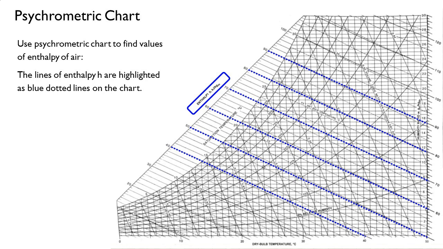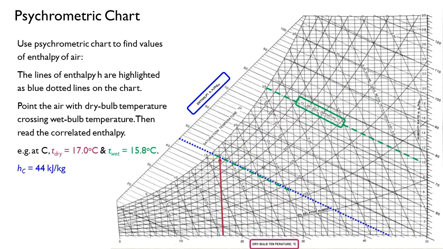To find the values of enthalpy of air, the psychrometric chart should be used. On the left-hand side, you can find the values of enthalpy, which are on inclined lines highlighted with blue dots. For example, if we want to obtain the enthalpy of air at point C, first, read the dry bulb temperature 17 degrees Celsius from the x-axis, and draw a vertical line up.